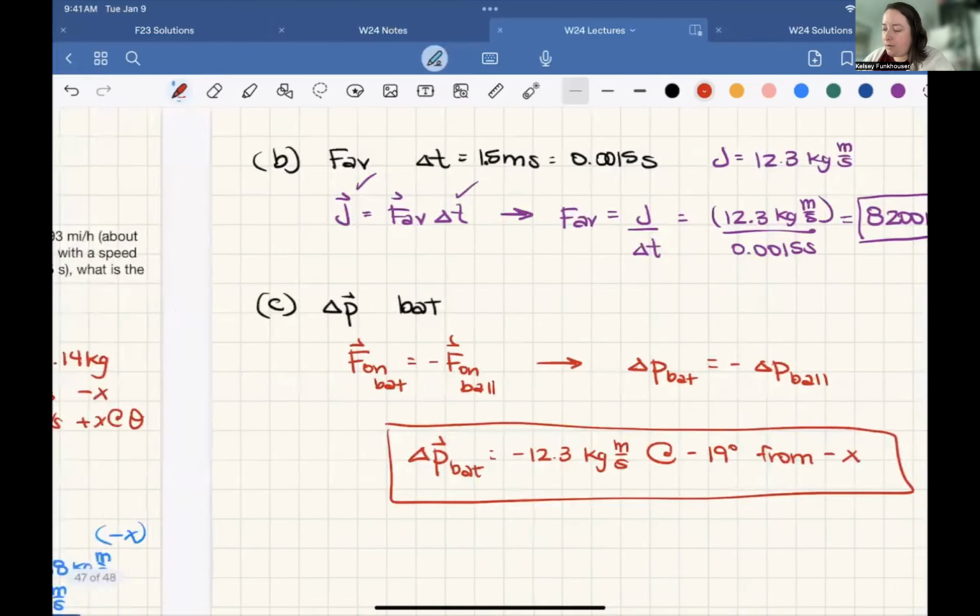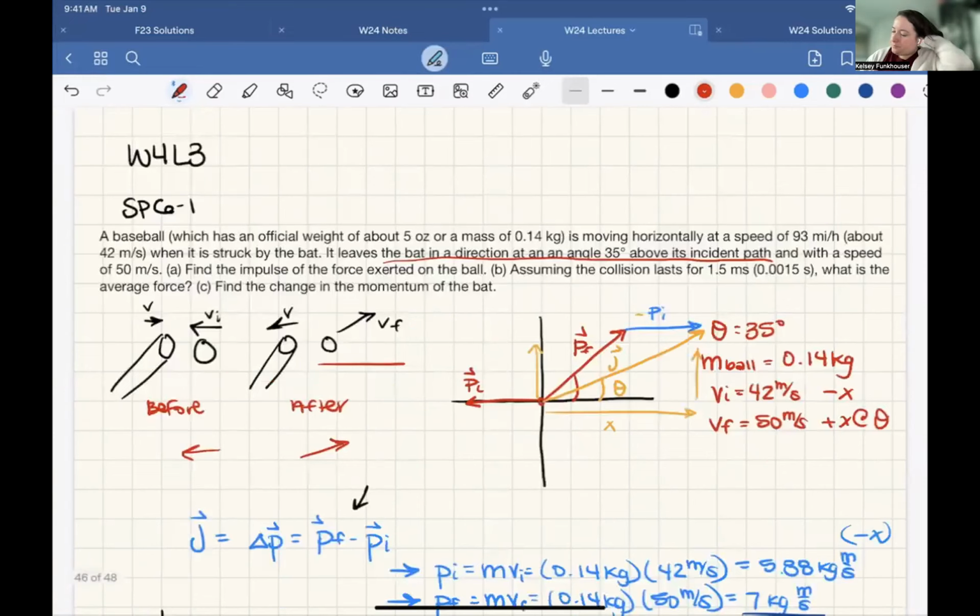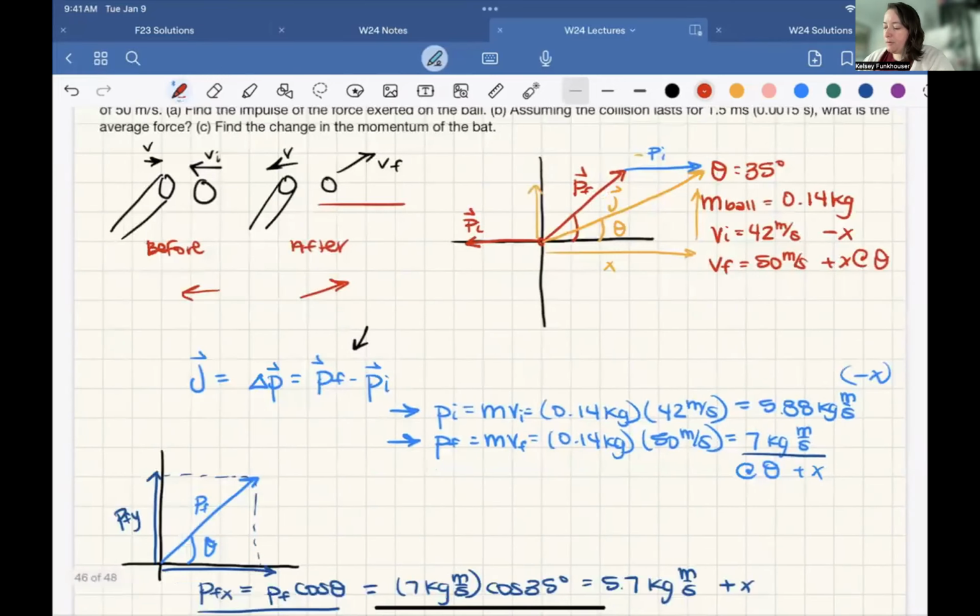Okay, I'm going to quickly walk through that, and then we have one more example. So we had a baseball hitting a bat. Initially, the ball comes in horizontally, and then it bounces off at an angle from the horizontal. So we were supposed to find the impulse first, which is just the change in momentum. The final momentum had an x and y component, so we had to take that into account.